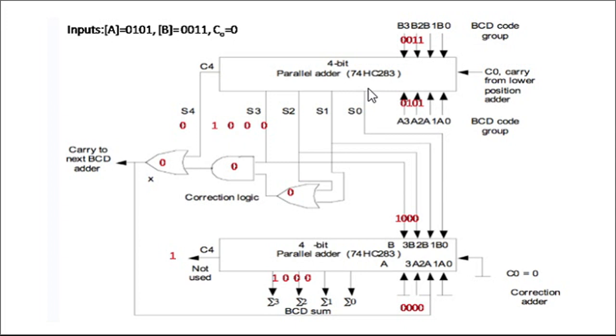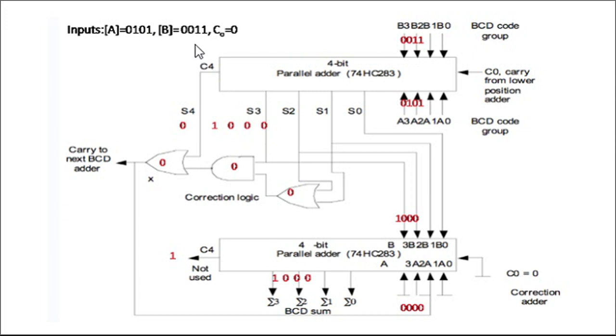Now what will happen? The carry from the lower position, initially, C0 is 0. After adding, 1 plus 1 sum is 0 and a carry is generated. Then 1 plus 1 again gives 0, and the carry is 1.